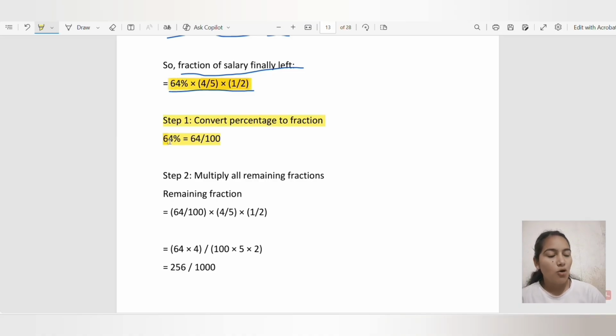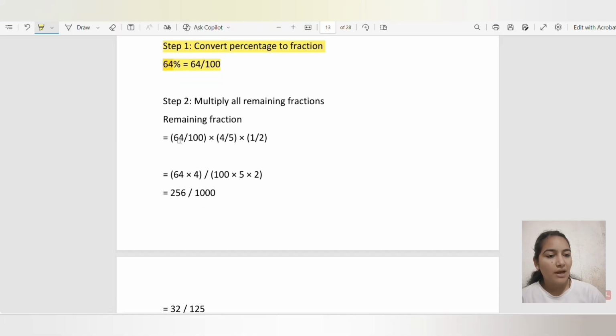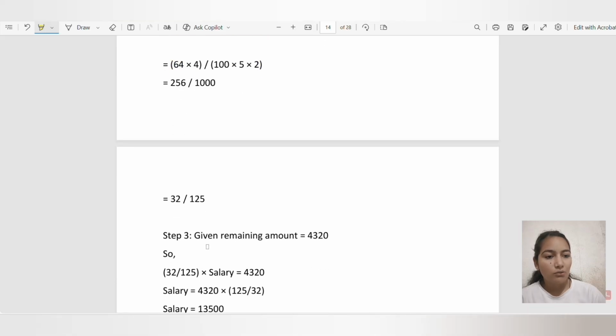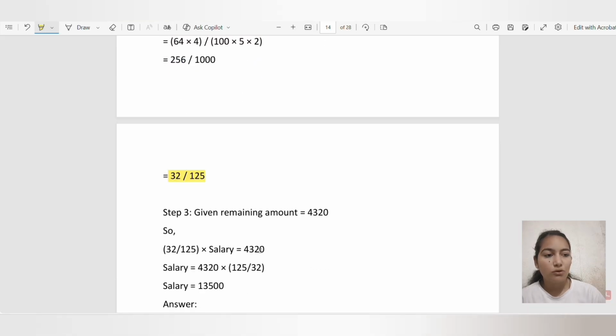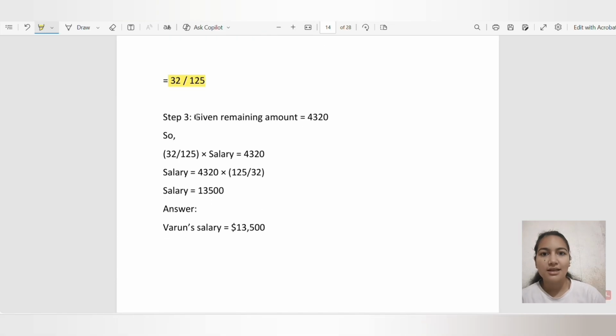Now multiply all the fractions, and you will get 32 divided by 125, which is your remaining fraction. The remaining amount of 4320 is given in the question. So you have to equate these two, this remaining fraction and this remaining value.